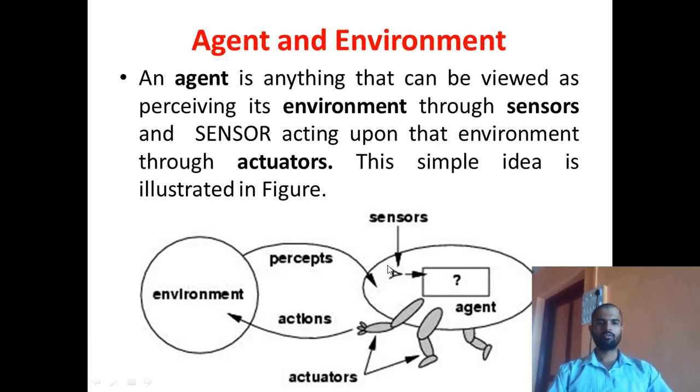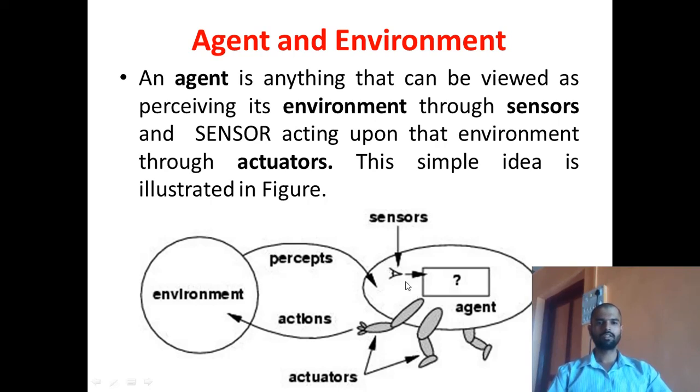So what will that agent or robot do? The robot will simply perceive the environment with the help of sensors, and it will take the football, and based on that environment, that is the garden, it will throw it with its legs outside the garden or to the person who is playing with the robot.